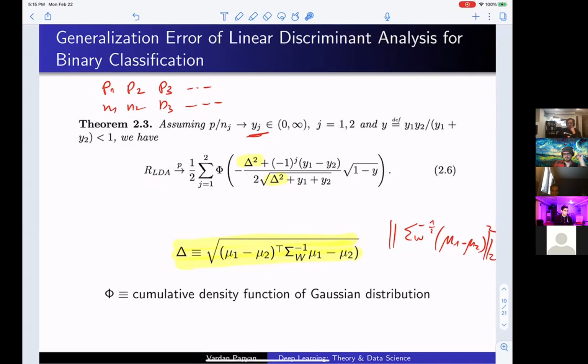Where is the lambda in this formula? I think they might have assumed in the paper that they're using some type of very specific lambda. I don't remember this part. That's a good question though. I think they might have set lambda theoretically to some quantity.